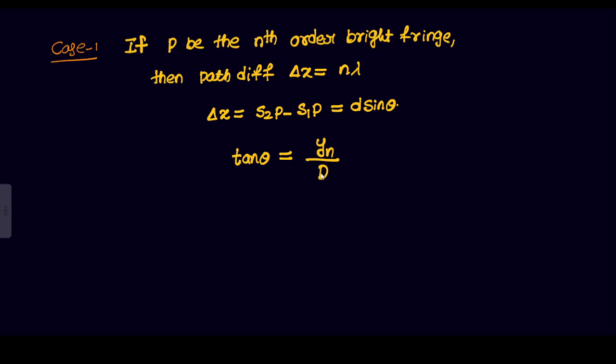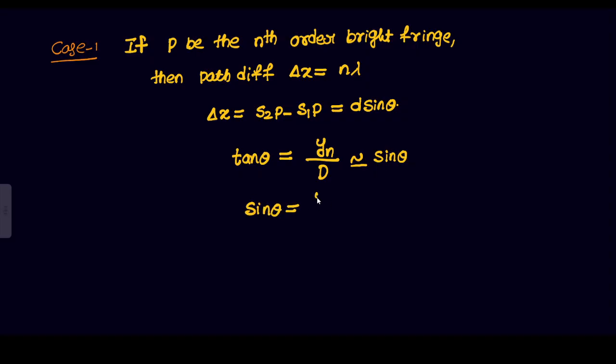Yn by capital D. So in this case, if d by lambda is small, then tan theta is approximately equal to sine theta. That's why we'll take it as sine theta only.